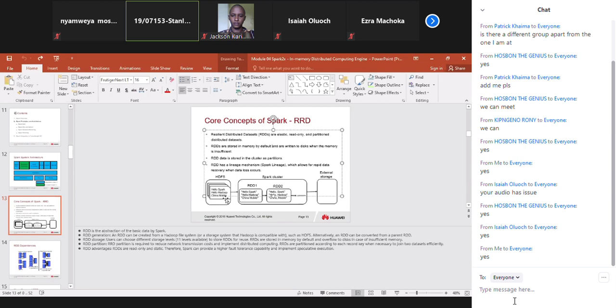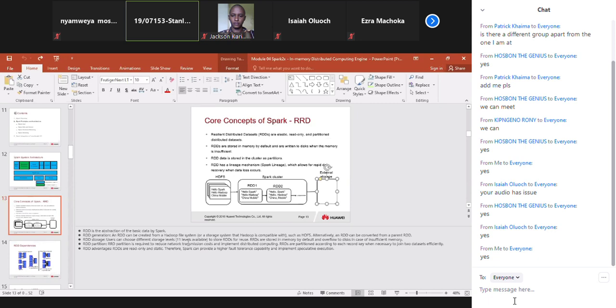Now, you have HDFS here, and we have the Spark cluster, and we have the external storage. When you talk about RDD, resilient distributed datasets, it is the abstraction of the basic data by Spark. How are RDDs generated? An RDD can be created from a Hadoop file system, such as HDFS. And for storage, users can choose different storage levels.